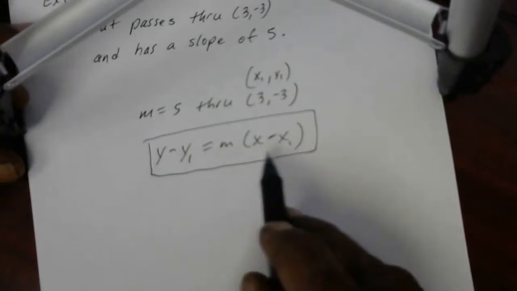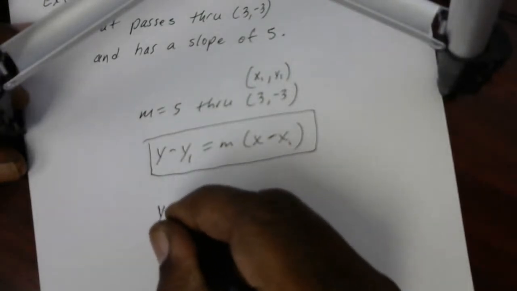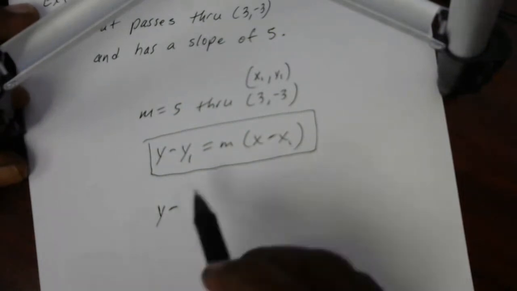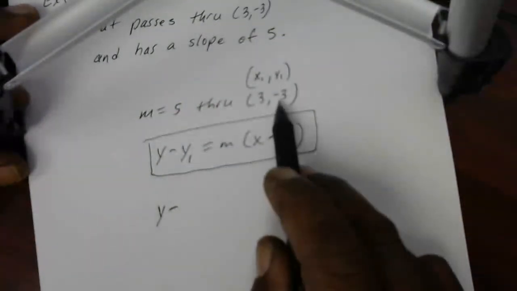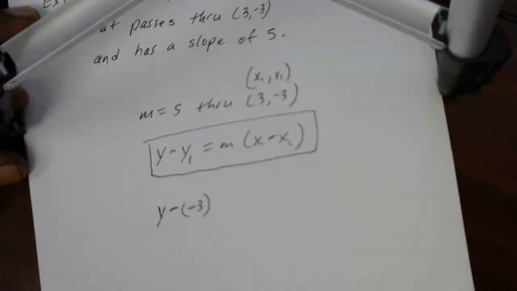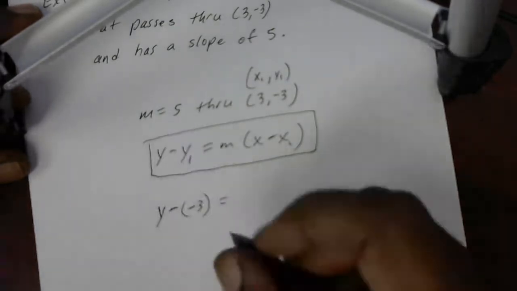Remember now, we never know y or x. So I'm going to bring down y, I'm going to bring down a minus. Y sub 1, which is a -3. So I want to make sure that I substitute in a -3. That's equal to m, right? And m is 5.